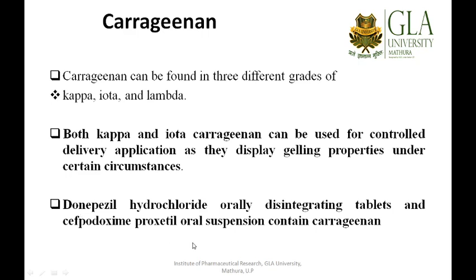Donepezil hydrochloride orally disintegrating tablets, which are faster releasing tablets, and cefpodoxime proxetil oral suspension usually contain carrageenan. So when we are talking about controlled release, it is not merely that we are trying to sustain the drug release. We can also look for faster release formulations.